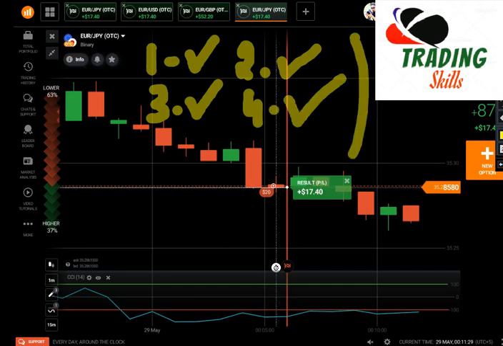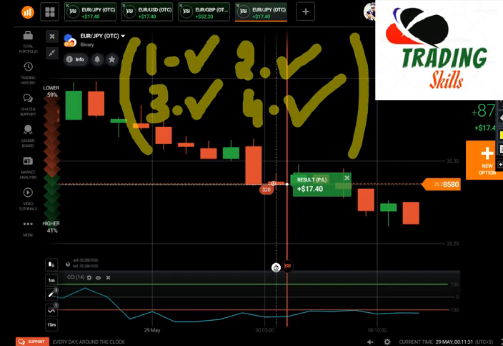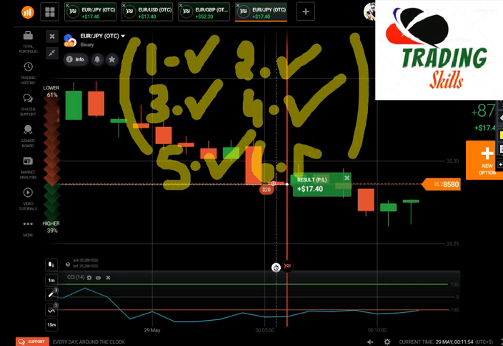So now if you have only 4 strategies, 4 topics about confirmed trades, in those I will also add the rejection strategy. Okay, I will add here the breakout strategy, real or fake breakout strategy.